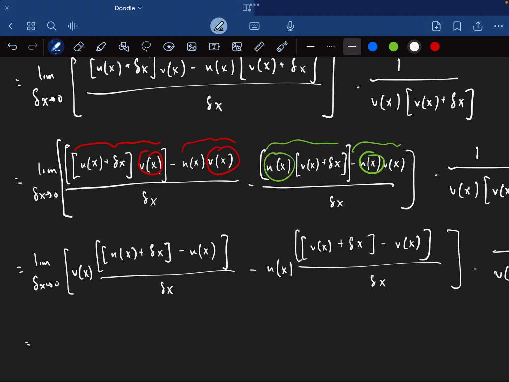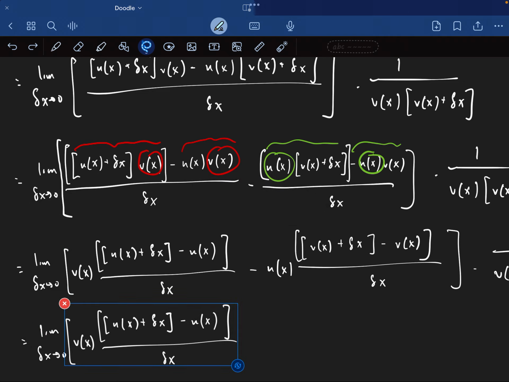So actually here, because differentiation is linear, we can do this. This entire thing, I'm very lazy to write the whole thing, it's very cumbersome.